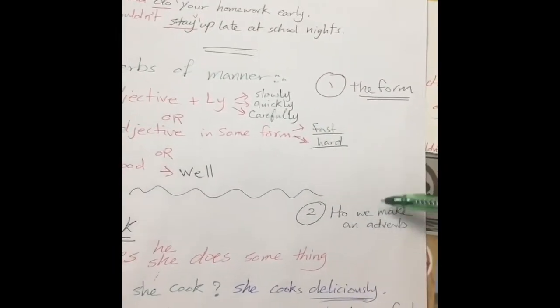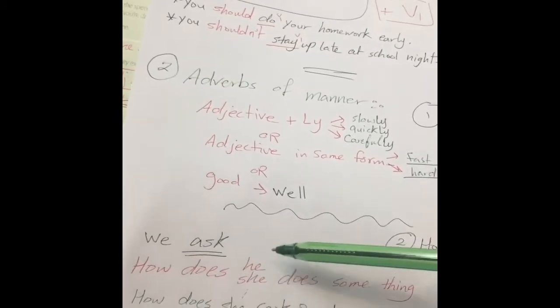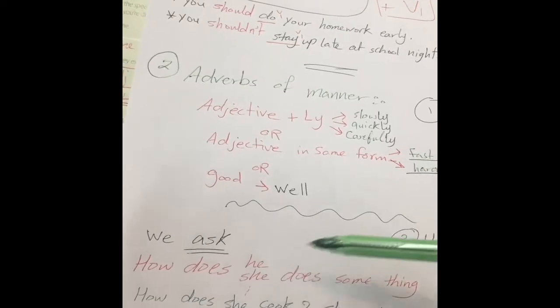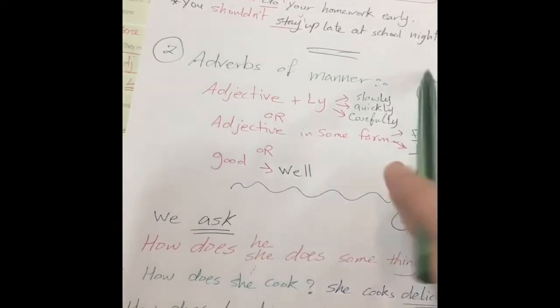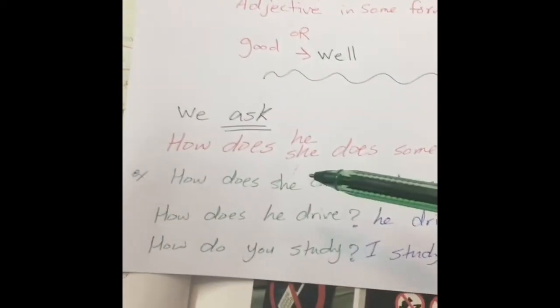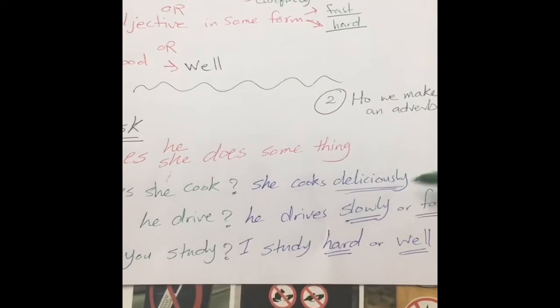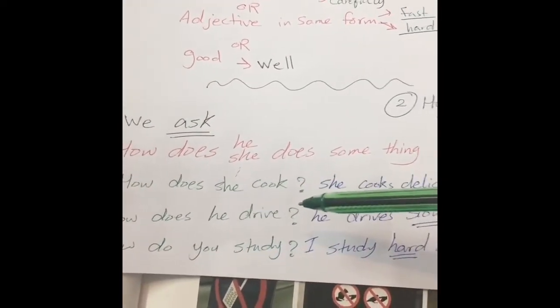Number 2, how to make an adverb. We will ask, how does he, or she, or they, or you, how do you do something? For example, if we ask, how does she cook? She cooks deliciously. How does he drive?